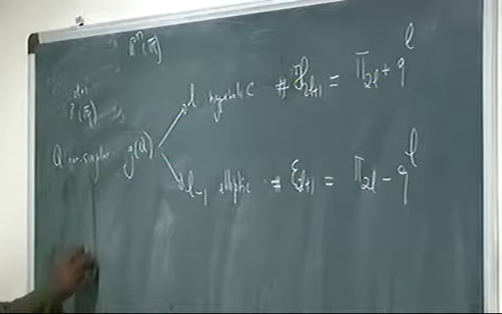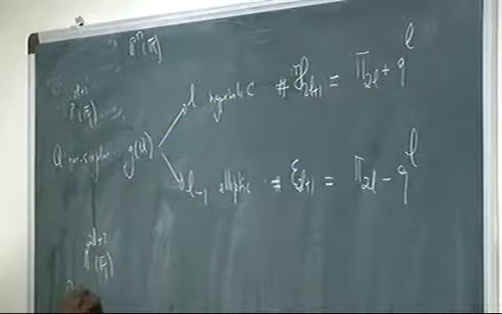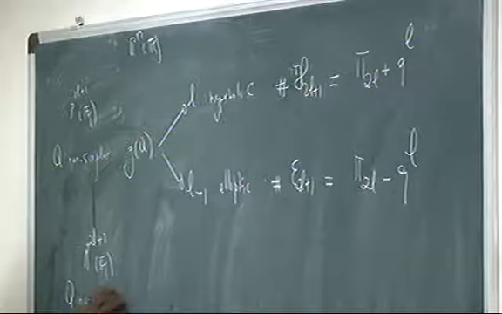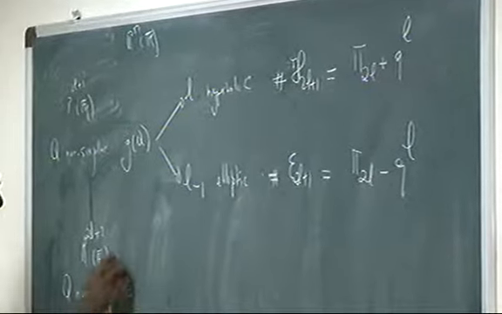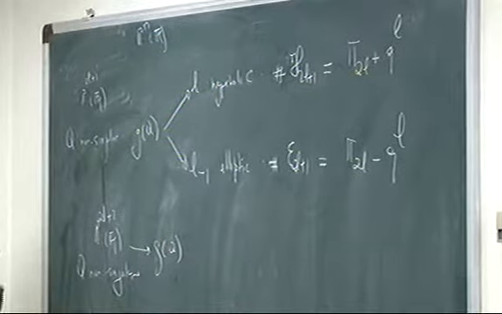And when you live in a projective space of even dimension, Q non-singular is what we know. We have only one type of non-singular quadrics. They are called parabolic quadrics.